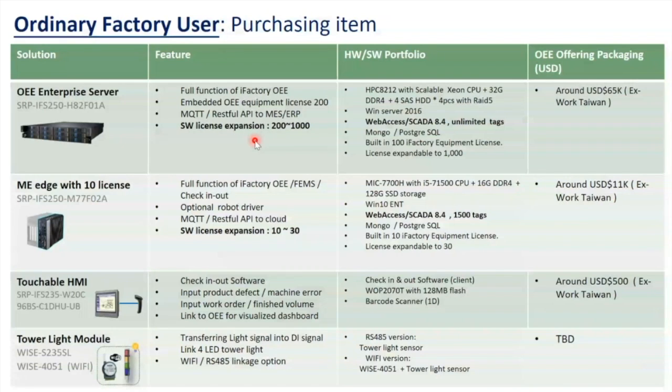Of course, it will come with the necessary hardware and software. Here is our portfolio. It will come with a server with a Xeon grade CPU, with the necessary RAM and storage, and it comes with Windows Server as well.